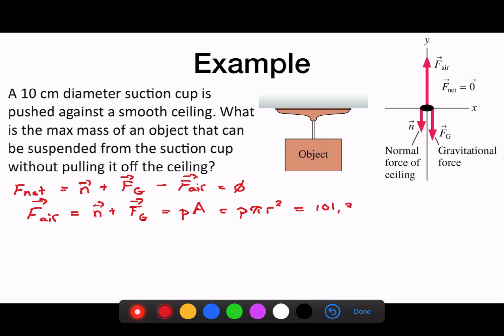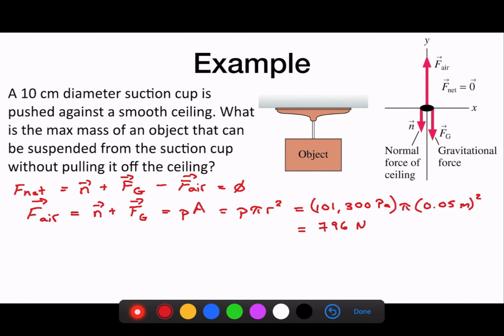So that's 101,300 pascals times pi times 0.05 meters squared, which gives us a force due to the air of 796 newtons.